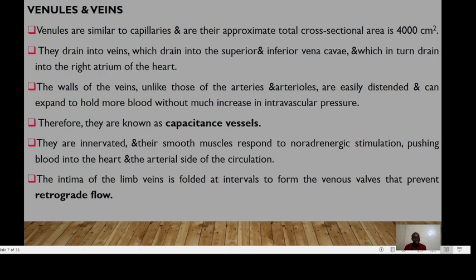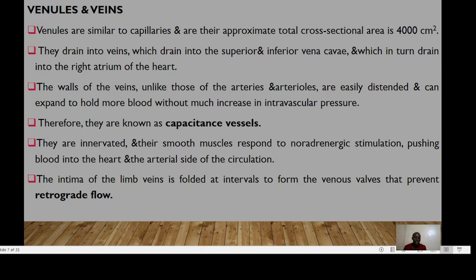The walls of the veins, unlike those of the arteries and arterioles, are easily distended and can expand to hold more blood without much increase in intravascular pressure. Because of this, they are referred to as capacitance vessels, as compared to resistance vessels for the arterioles.